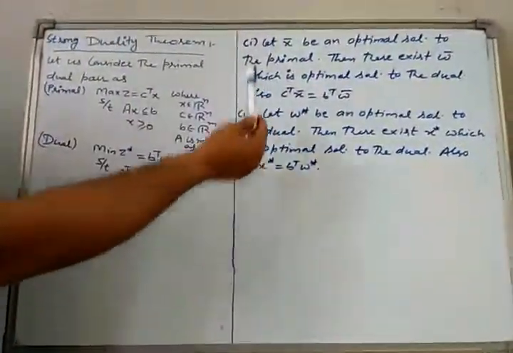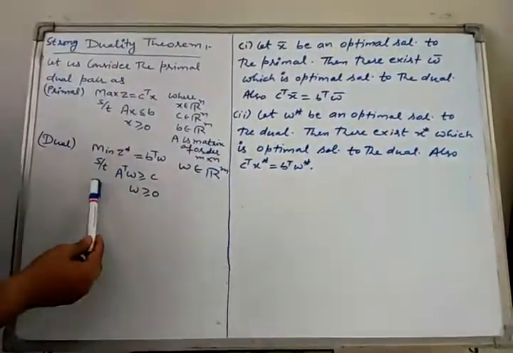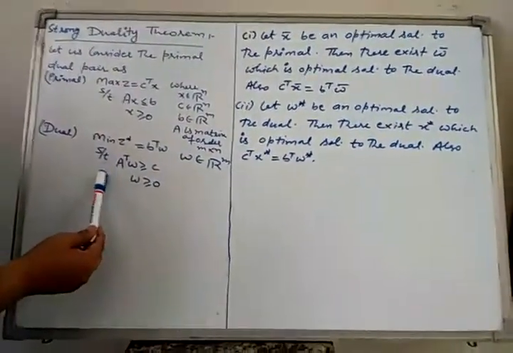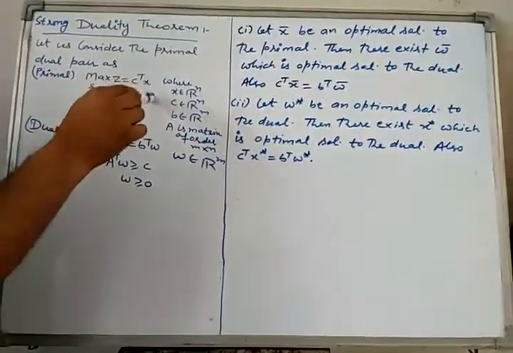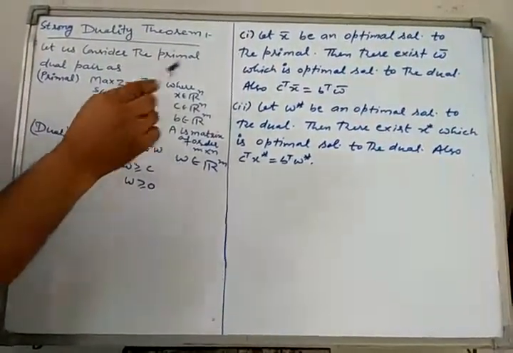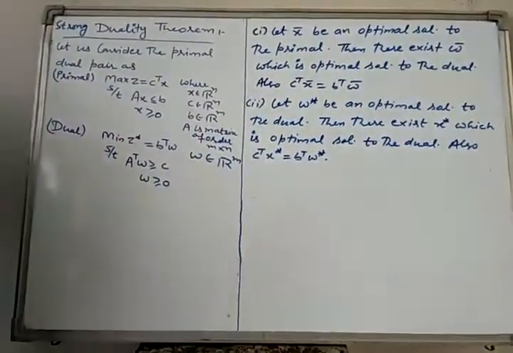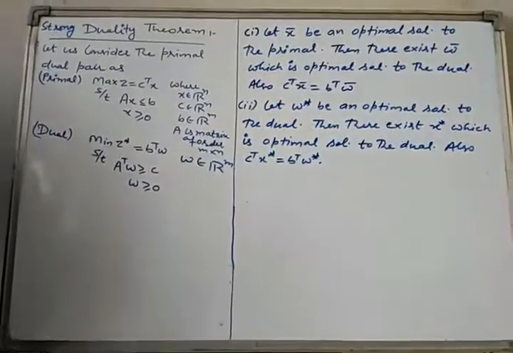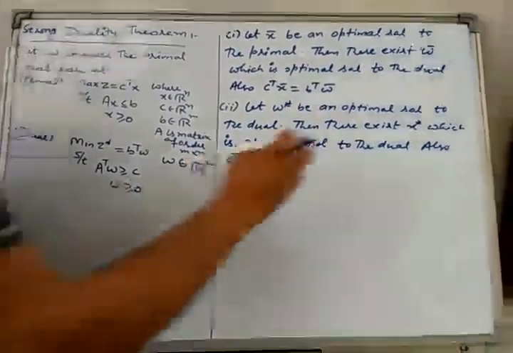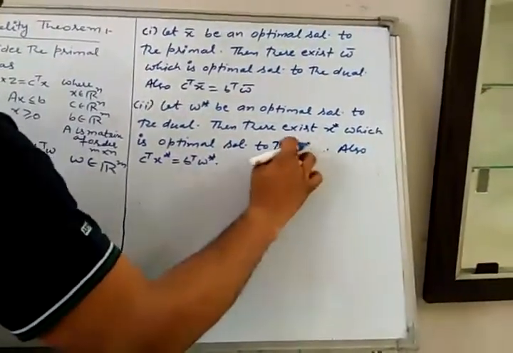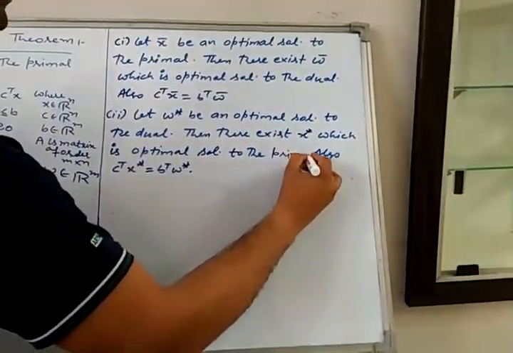Its second part says that if w star is an optimal solution of the dual, then there exists x star, an optimal solution to the primal, and also the value of the objective function corresponding to these optimal solutions is equal.